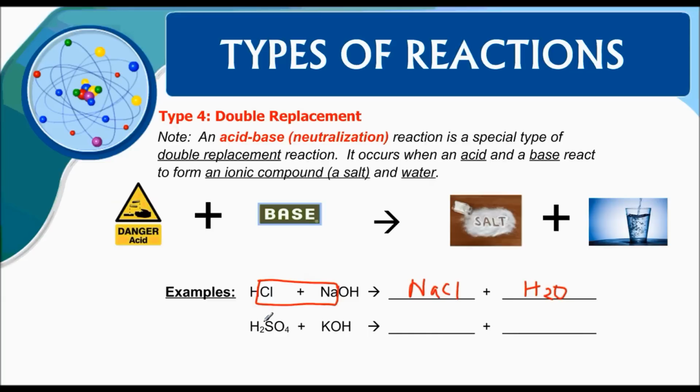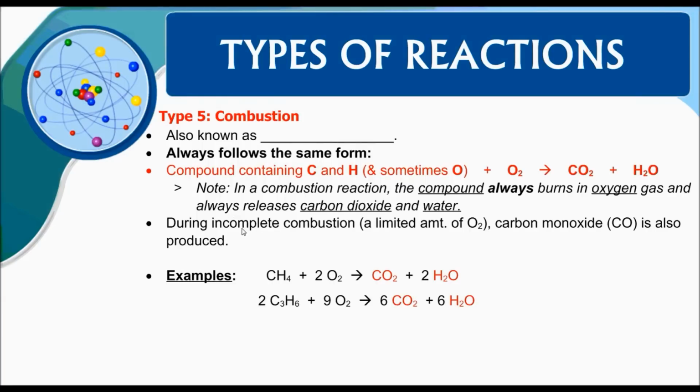Another example is sulfuric acid and potassium hydroxide using the box method. Water, again, is formed on the outside, so anytime you see hydrogen and hydroxide, that is the formation of water. And then inside, I've got potassium and sulfate, so it's going to be K2SO4. Easy.